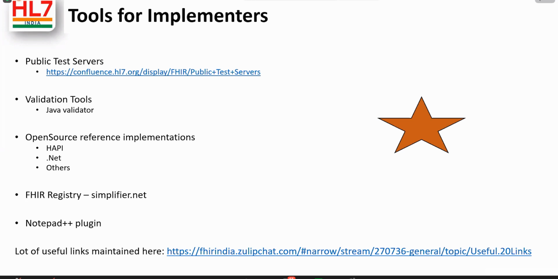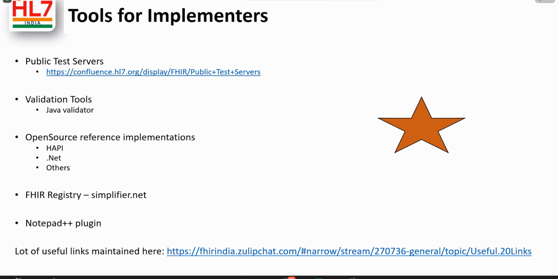And if you find certain links which are useful, please add those links also there so that it can help others, right? And this is just a reference list. There is a lot more. So you can just go to the FHIR tooling ecosystem. Again, there is a link for that, and you can see all the tools that are available.